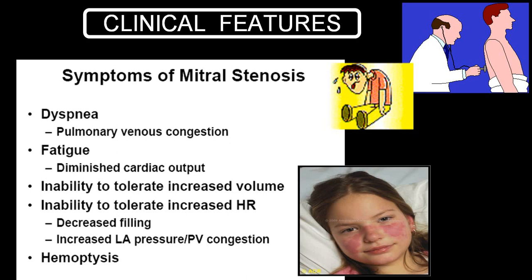We have already told you that because of the increase in pressure, you even get a rupture of vessels in the pulmonary vasculature producing hemoptysis. Also you can get hemoptysis secondary to acute pulmonary edema, but it will produce blood stained frothy sputum.